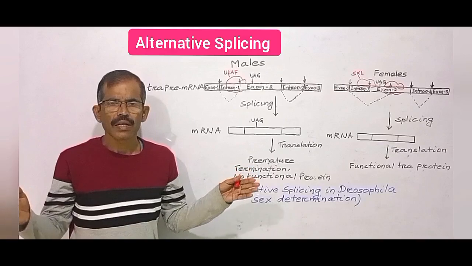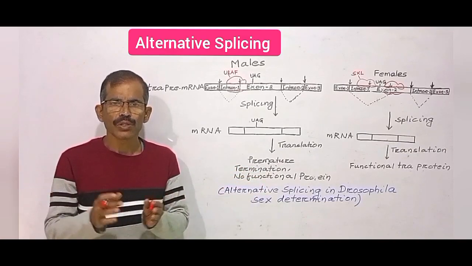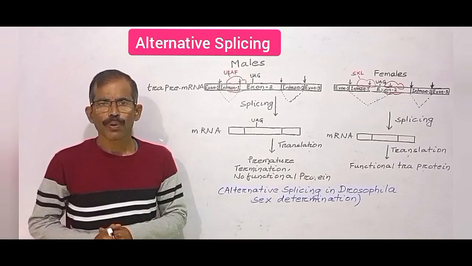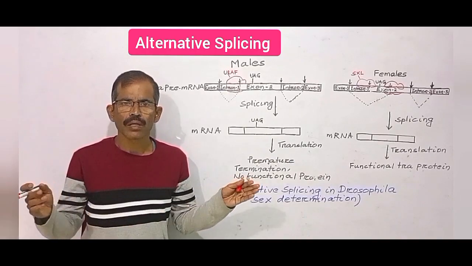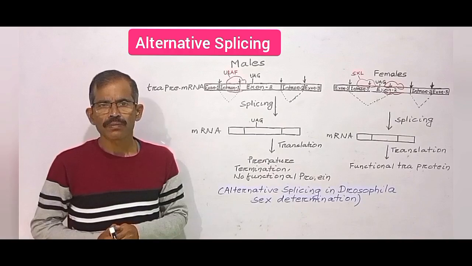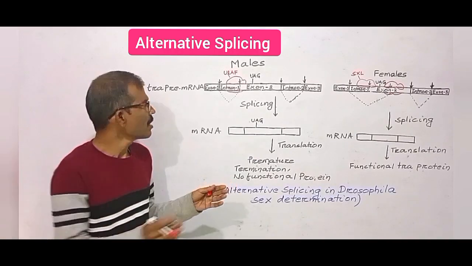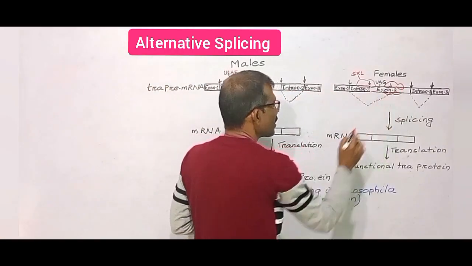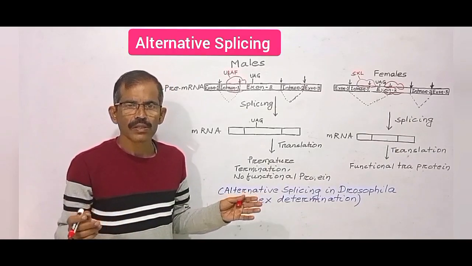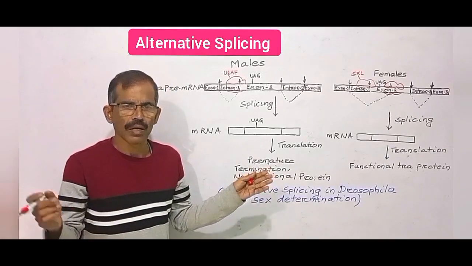One well-studied example of tissue-specific alternative splicing is provided by sex determination in Drosophila. In this organism, alternative splicing of the same pre-mRNA determines whether a fly is a male or a female.